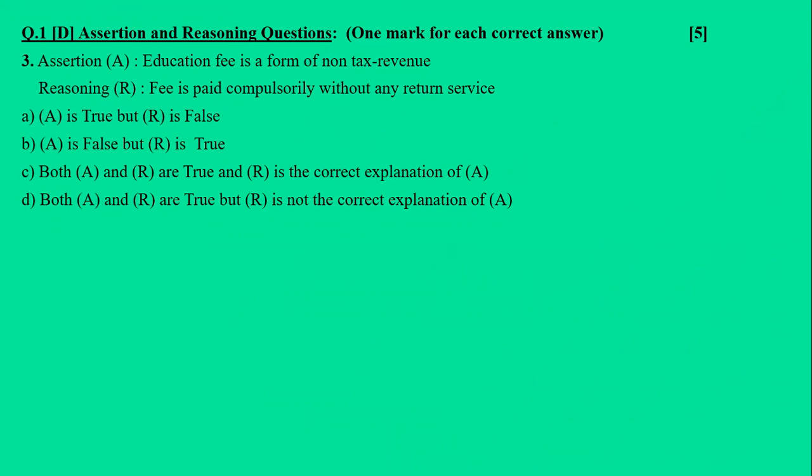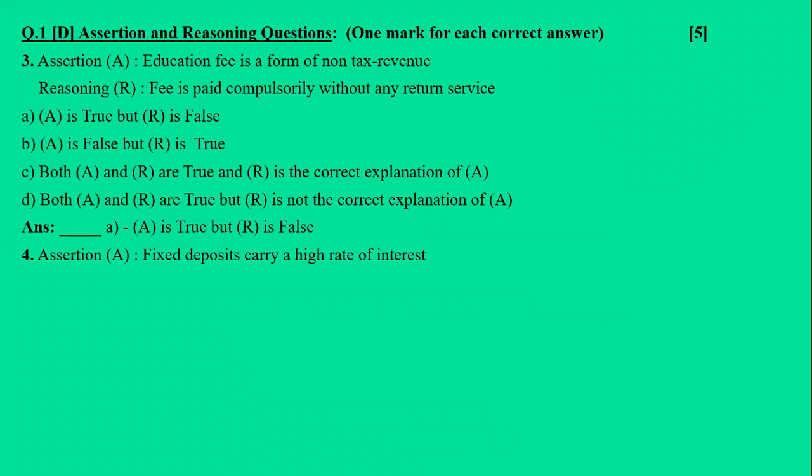C, both A and R are true, and R is the correct explanation of A. And D, both A and R are true, but R is not the correct explanation of A. What is the answer here? A, that A is true, but R is false. Exactly. Education fee is a form of non-tax revenue, true. But fee is paid compulsorily without any return service is false.